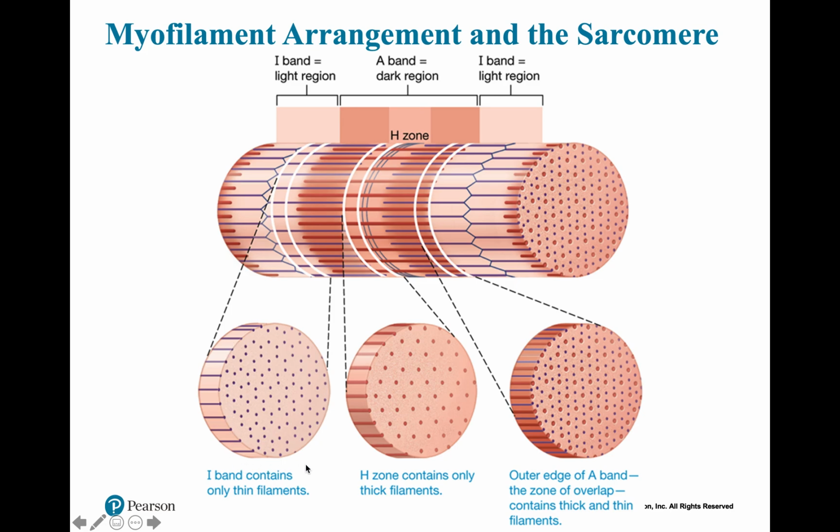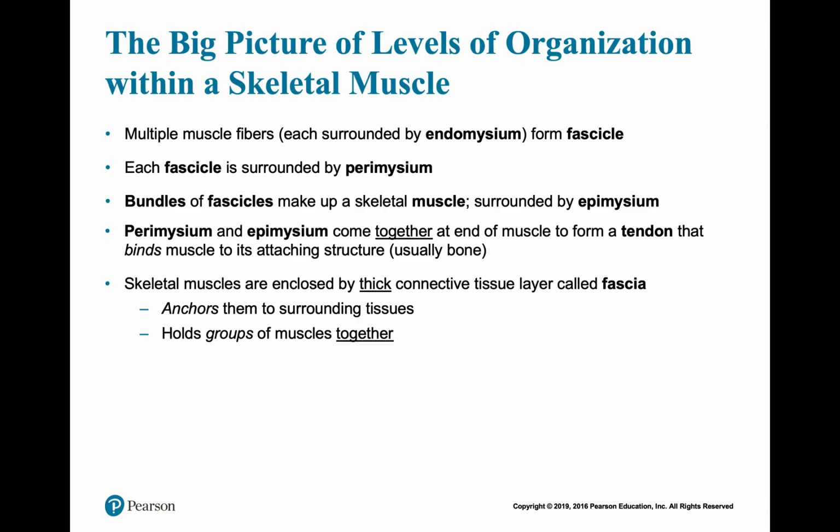So we see only actin, only those purple myofilaments here. Then we take a cross section through the H zone and we see only thick filaments, only myosin, which is in red. And then we take a cross section through the A band. And what do we see? We see both actin and myosin because they're overlapping. And so this is the A band. So I like this little cartoon just to really get the point home. Okay.